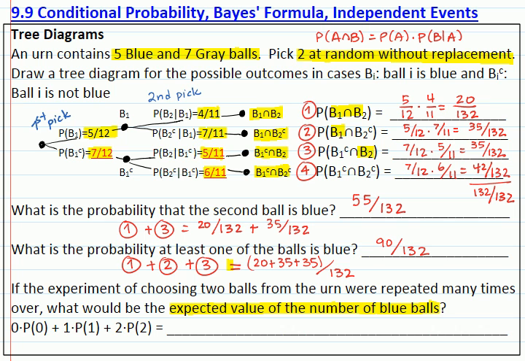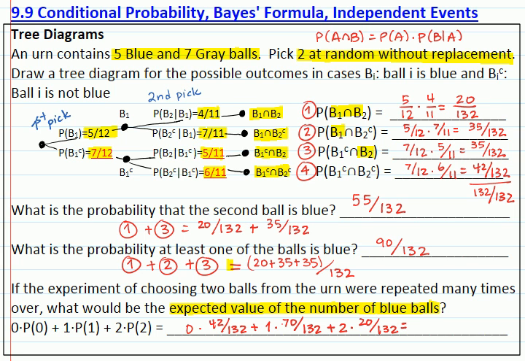So the answer here would be 0 balls times the probability of getting 0 blue balls, which is outcome 4, times 42 over 132, plus 1 blue ball times the probability of getting 1 blue ball, which is outcomes 2 and 3 together, 70 out of 132, plus 2 blue balls times the probability of getting 2 blue balls, which is outcome 1, 20 out of 132.